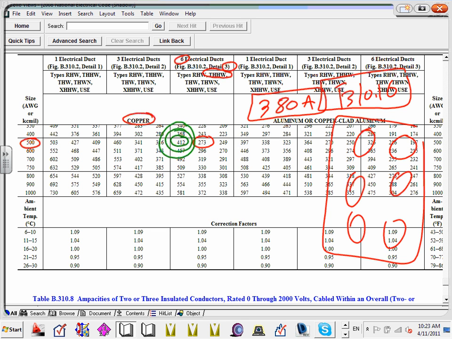That's why a lot of engineers, between these two values, go with 380, knowing that they're not going to be loaded that way after I energize the system.